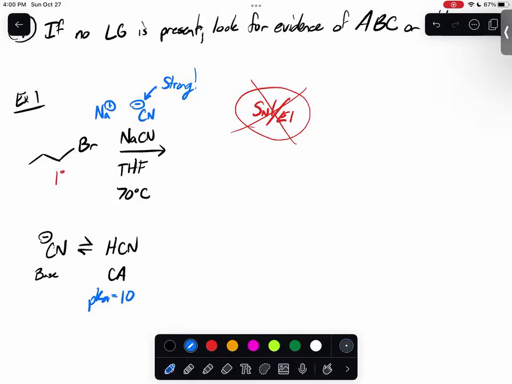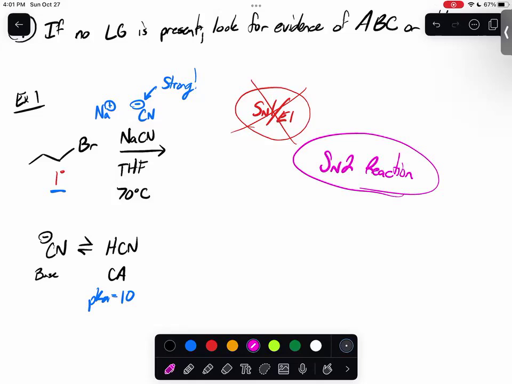So odds are this is going to do SN2. This is even better supported by the fact that this primary carbon will be faster for an SN2 reaction. So in that case, I can say confidently that this will be an SN2 reaction. That will be the fastest possible reaction we can do.